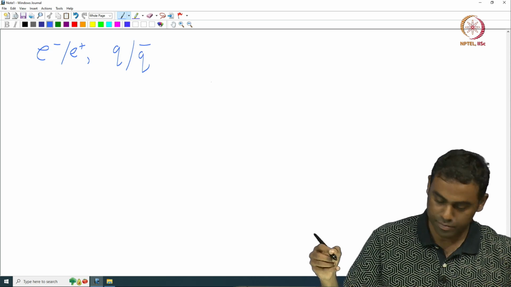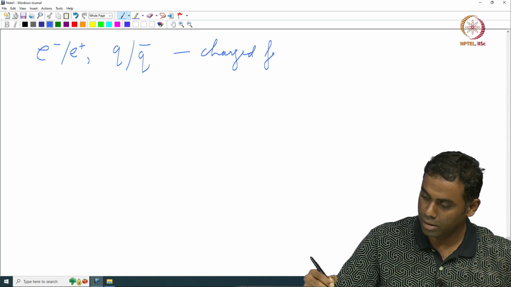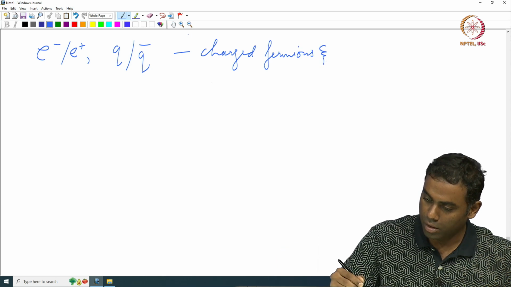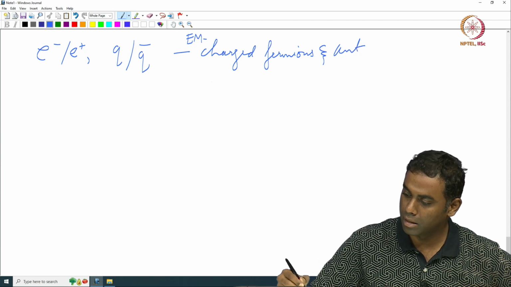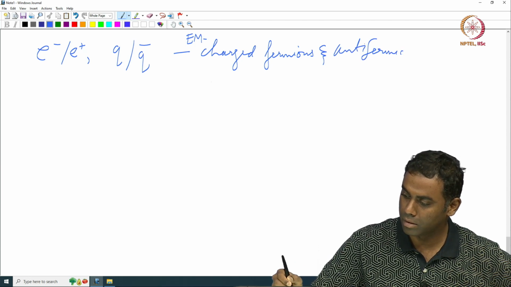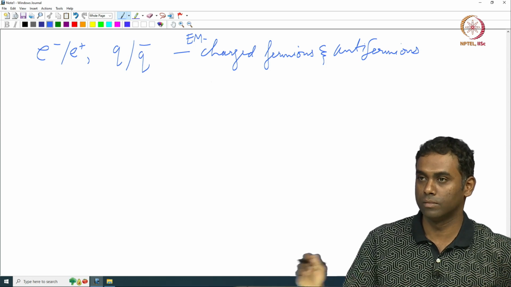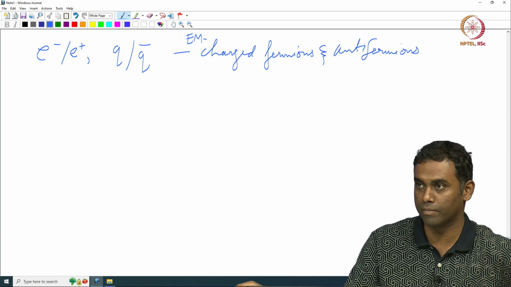Basically all electromagnetically charged fermions and antifermions, obtained from the fields that we wrote down last time.